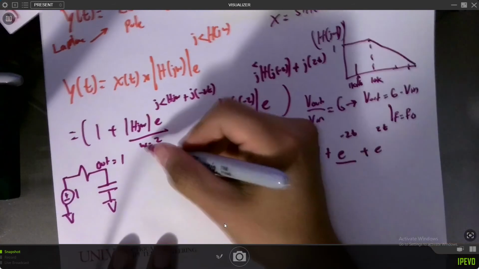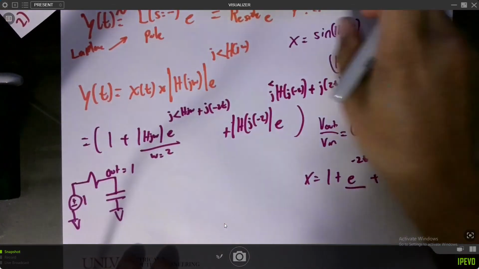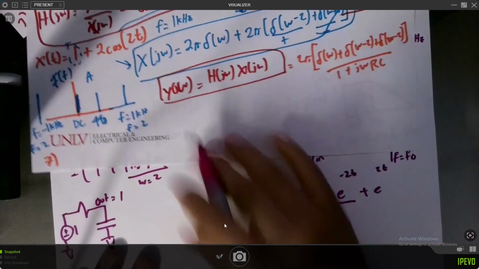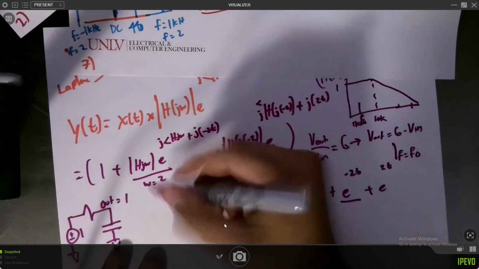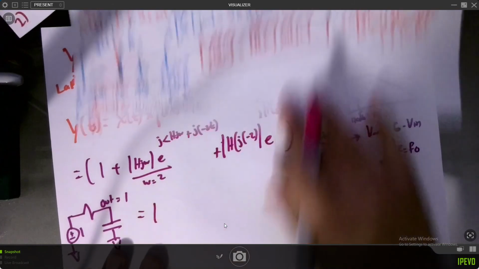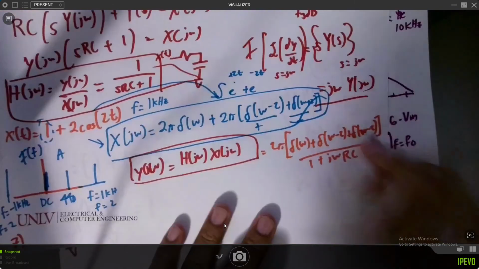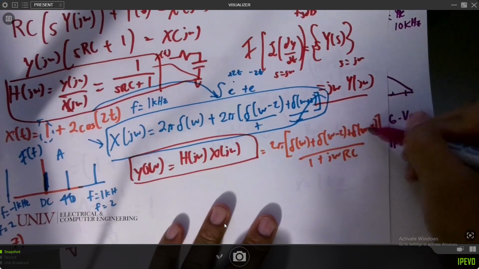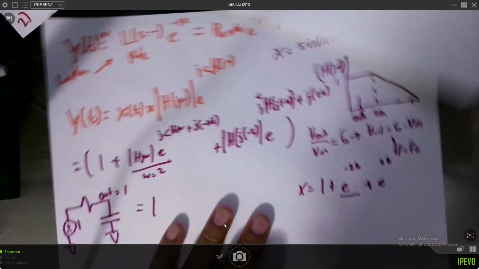So if you do that, if you punch in your numbers right here, which is equal to 1, H(j) at 2. We look at this guy right here. This goes to 0. That works. That goes to 1. That goes to 0. So that means you're left with.